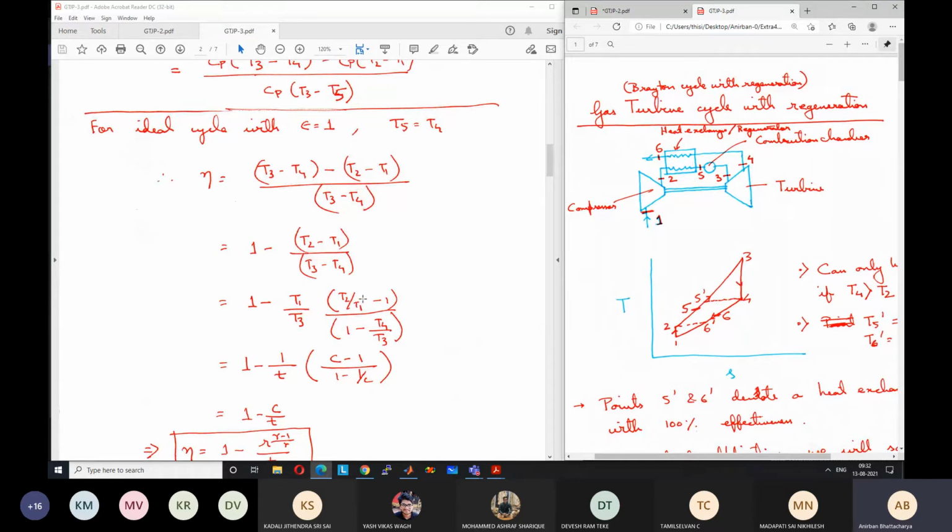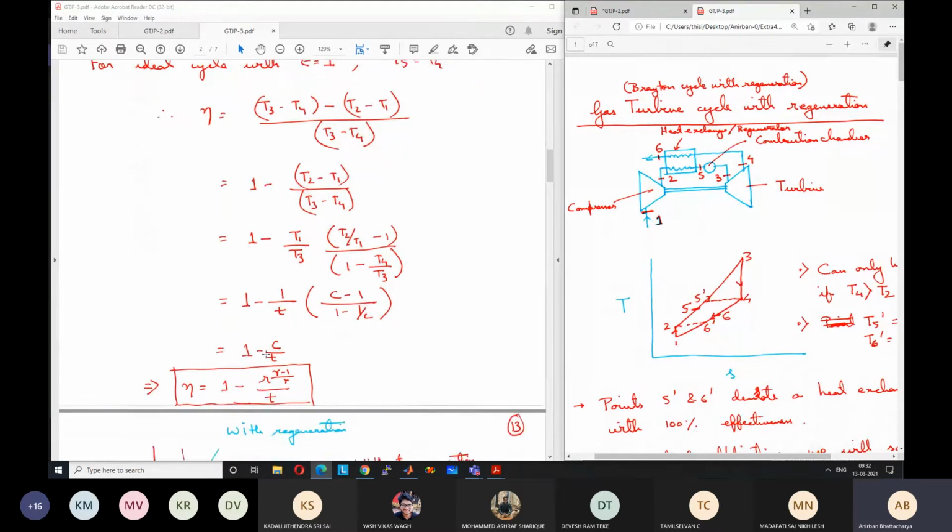And T3 by T4 is also equal to C. Okay, so T4 by T3 is equal to 1 by C. So this is equal to 1 minus T times (C minus 1) divided by (1 minus 1 by C). If you take C common, the numerator becomes 1 minus 1 by C. The denominator is already 1 minus 1 by C. They cancel each other. So we are left with eta equal to 1 minus C by T.